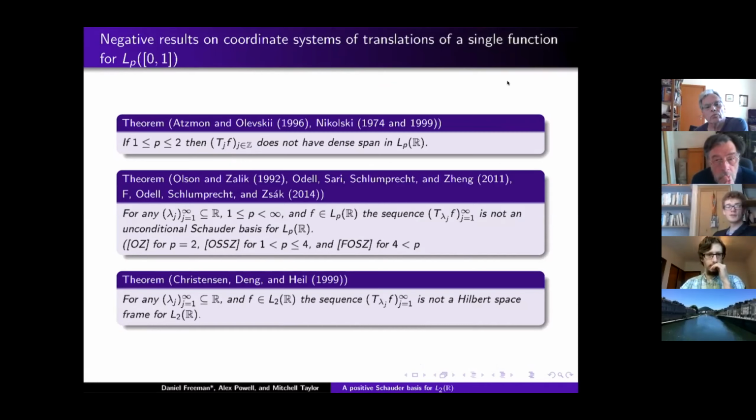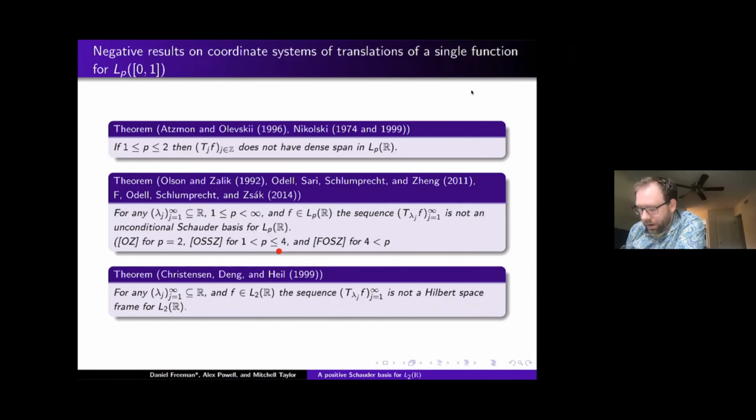Furthermore, for any p and any translation, you cannot get an unconditional Schauder basis for the whole space. And different p's were done in different papers. So Olsen and Zalek proved it for p equals 2. Odell, Sari, Schlumprecht, and Zhang proved it for p less than or equal to 4.